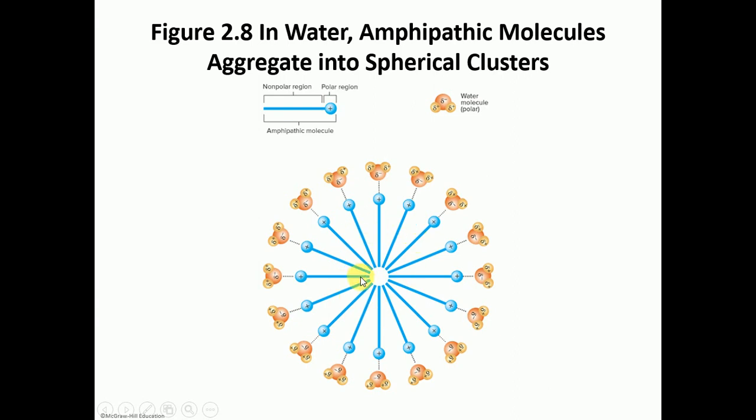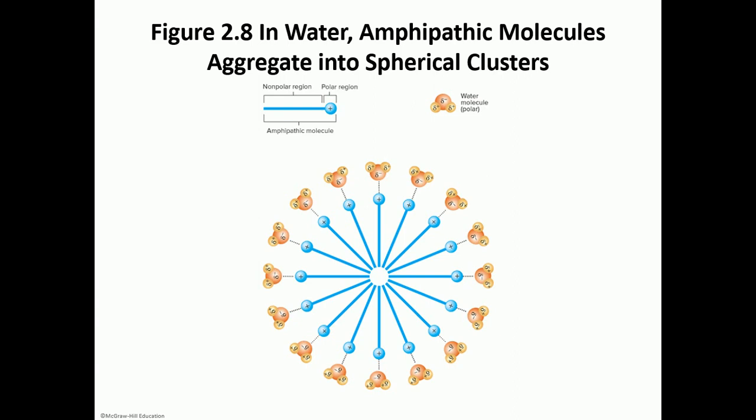So this is how an amphipathic molecule can be transmitted in water. It makes these little clusters where the polar heads face the bloodstream and these nonpolar hydrophobic tails cluster within the middle, hiding away from water.